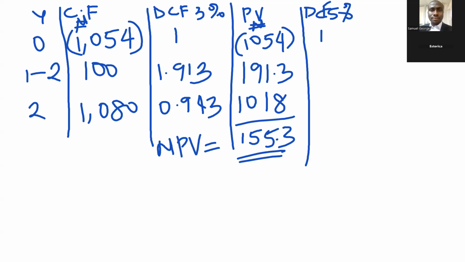I got 1.859. That is the annuity factor of 5% for 2 years. Then I will now do for year 2, 1.05 raised to power minus 2. I got 0.907.